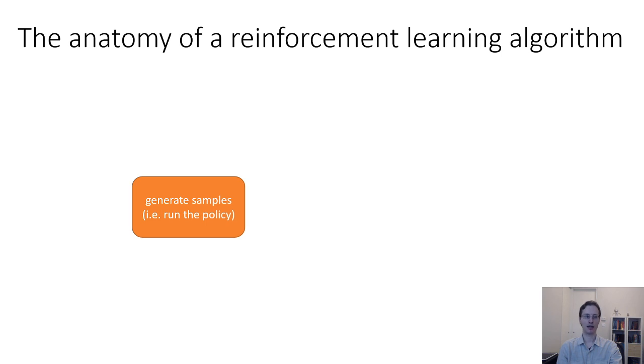So you will interact with your MDP, and typically what you will be doing is sampling trajectories from the trajectory distribution, typically the one induced by your policy, although when we talk about exploration later, sometimes we might actually choose to sample from a slightly different trajectory distribution than the one that our policy would define. But for now, let's just assume that generating samples means sampling trajectories from the trajectory distribution defined by your policy, which simply means running your policy in the environment.